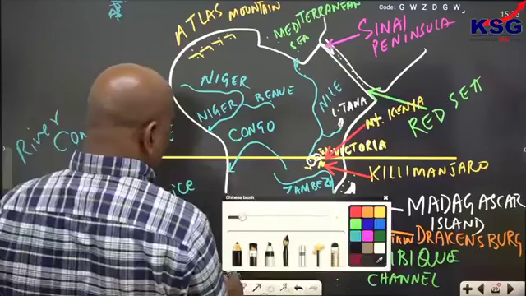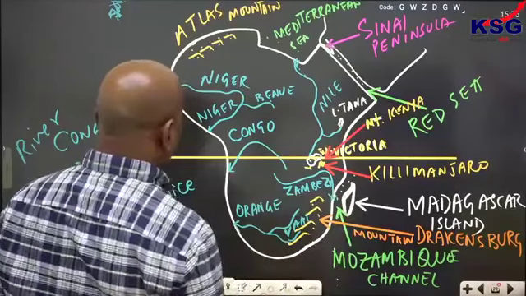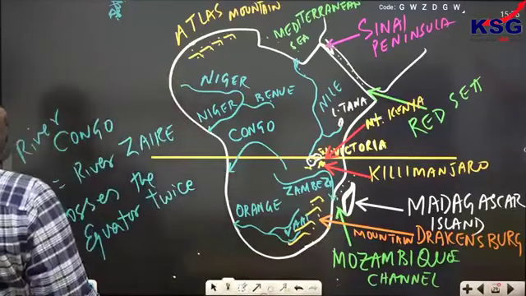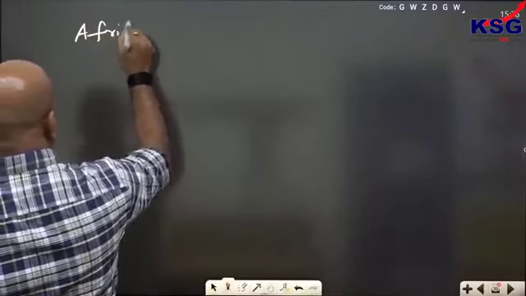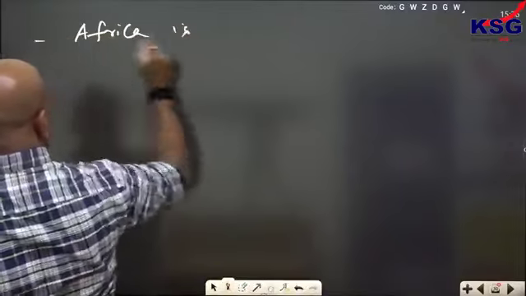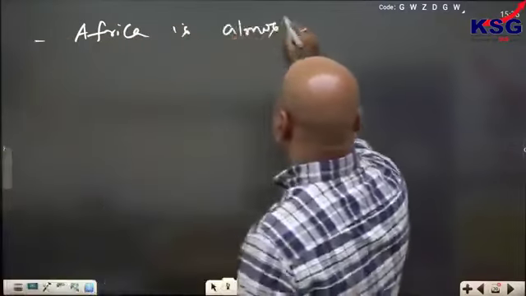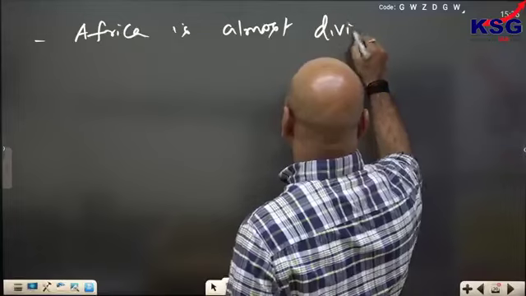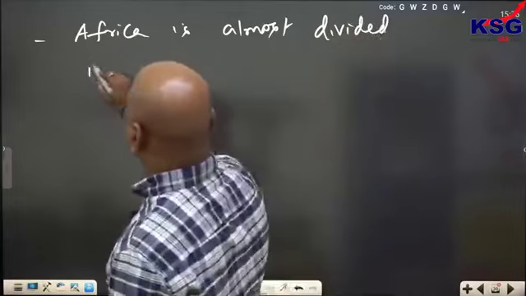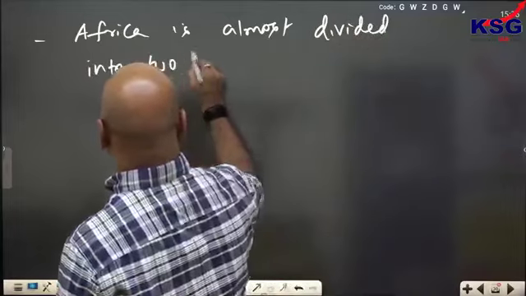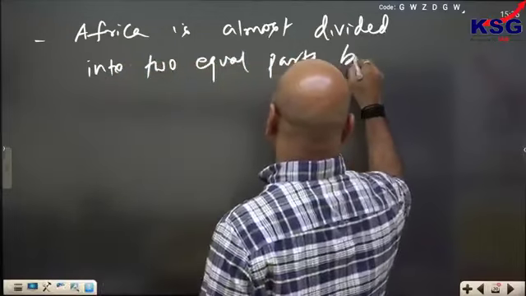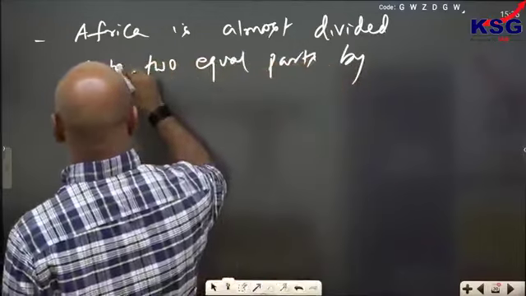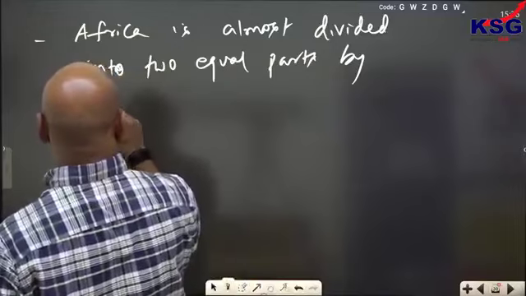Let us note down few points now about Africa. Africa के बारे में कुछ point और लिखते हैं. And let us do this. First point is, Africa is almost divided into two equal parts by the equator.